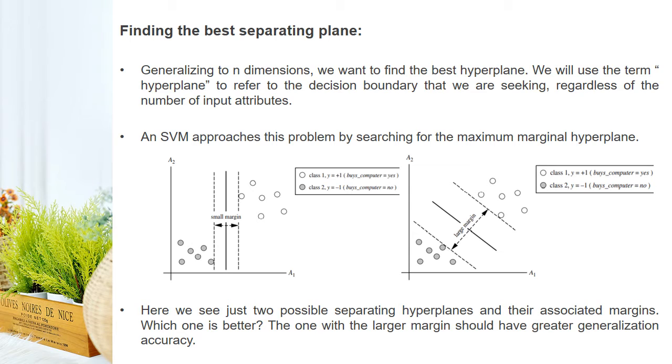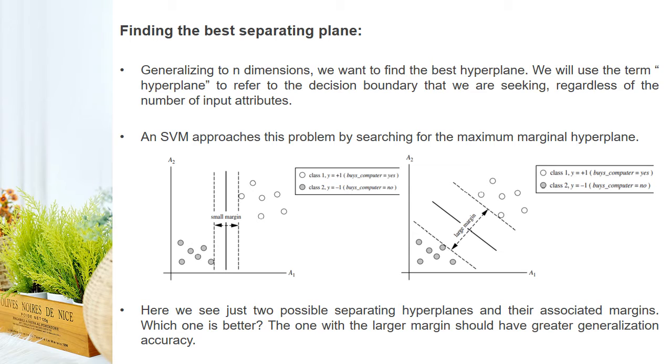We have already discussed all these points. We will see the figure as the example. We have a hyperplane here in the first figure, and we have a small margin to both the classes, both sides. And if we can represent a hyperplane like this in the second figure, it provides a large margin to both the classes.